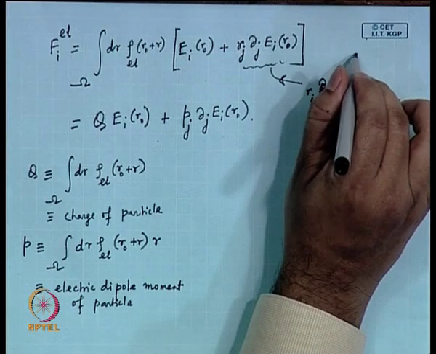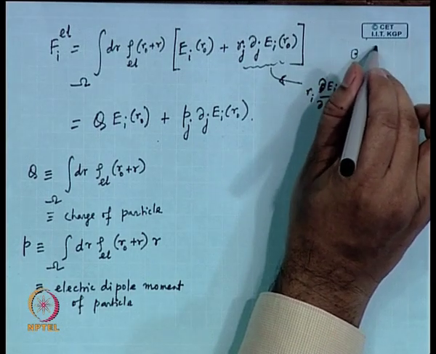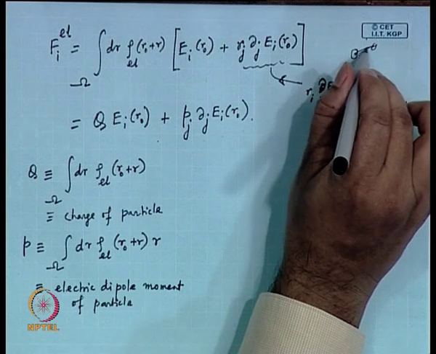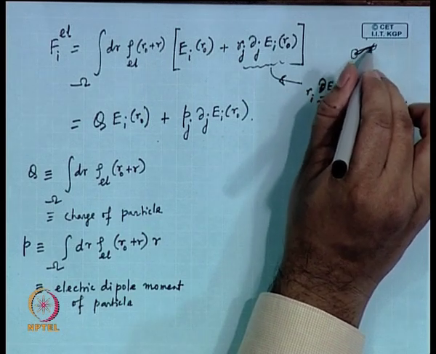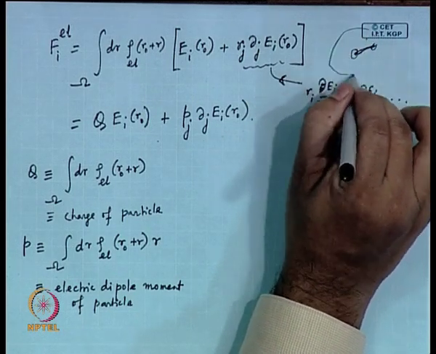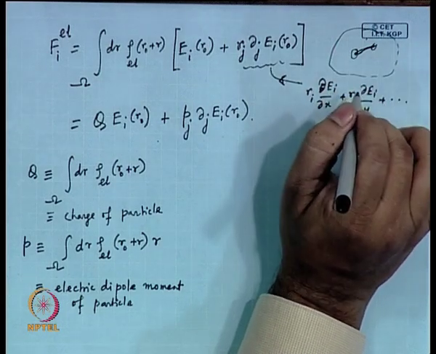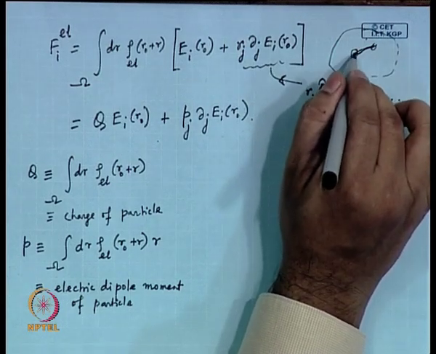So from this point r0, this is the local difference. Suppose this is the region omega, this is the center r0.